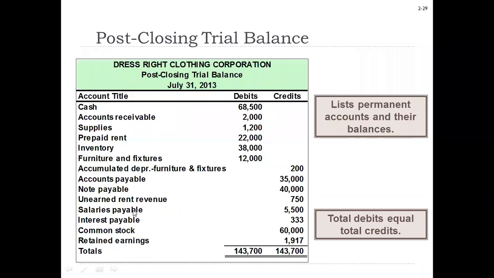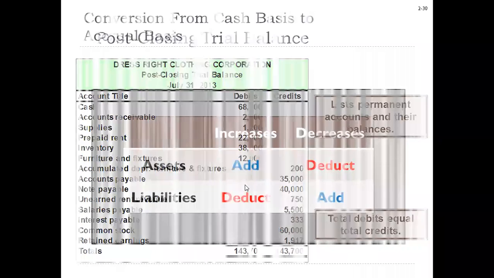Notice there's no revenues and there's no expenses on the post-closing trial balance because we've zeroed them all out. Okay, so what's left on the post-closing trial balance are only the permanent accounts. And again, we want to make sure debits equal credits, and that's why we do this post-closing trial balance.